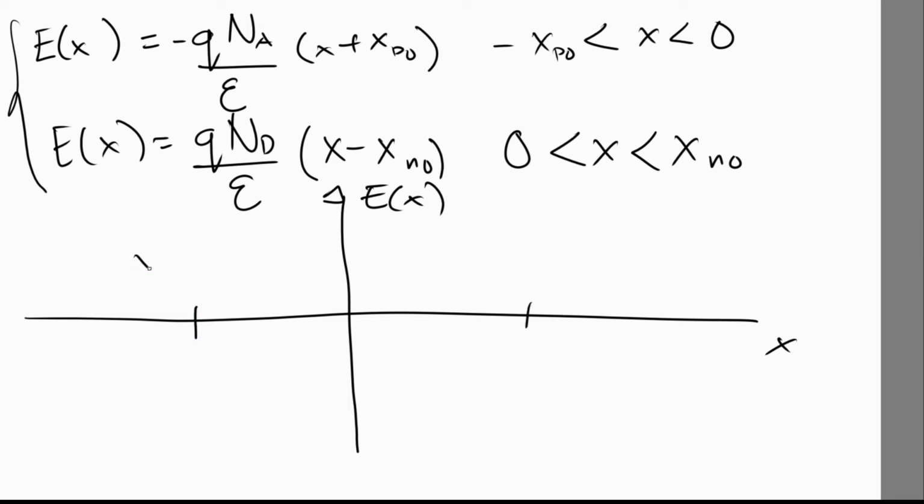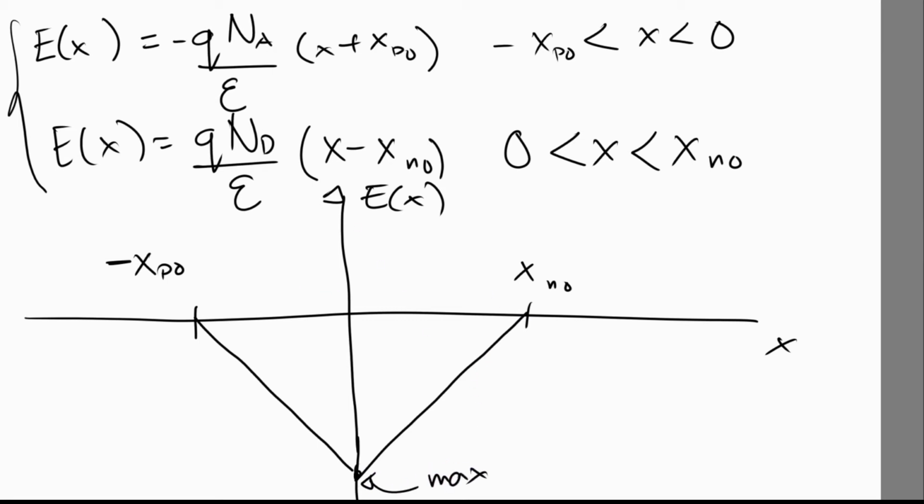This is x p naught, and this is x n naught. It looks something like this, linear and linear. We will see that your electric field is at a maximum at our junction, x equals 0.